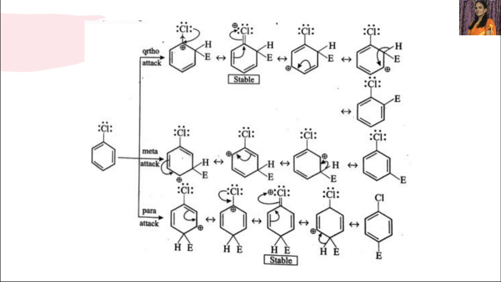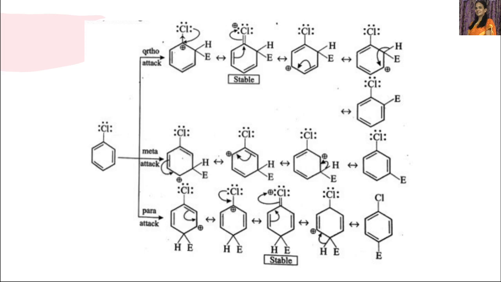You can see here. Now what happens? This particular carbocation, the sigma complex, loses a proton to another part of the reagent to finally form the para substituted product. Para substituted product is obtained.